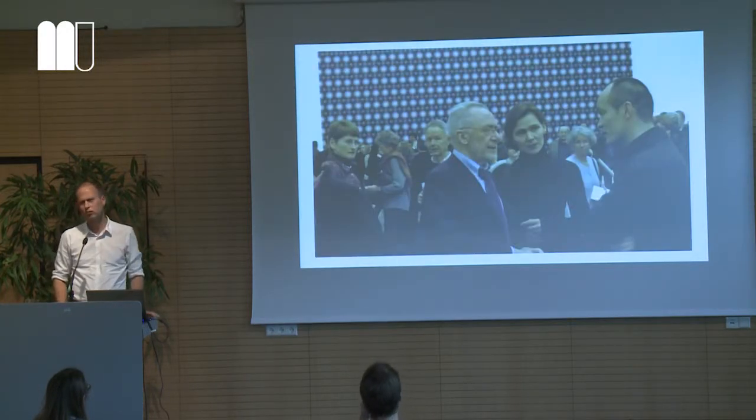Gerhard Richter, I suppose, needs not so large an introduction. He's one of the world's most famous and most expensive artists at the present day. There are many retrospectives and exhibitions with his art all over the world. He's a German artist born in 1932 and was trained in Eastern Germany, in Dresden, before he moved to Düsseldorf.